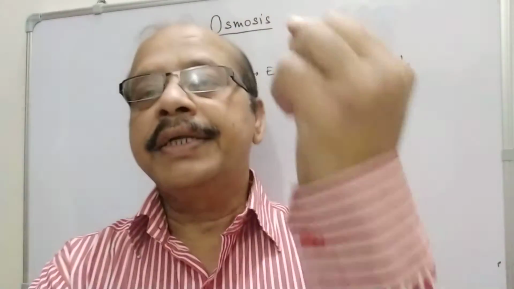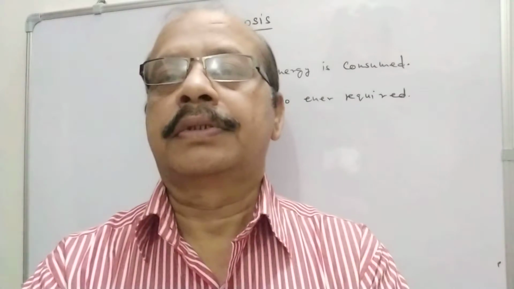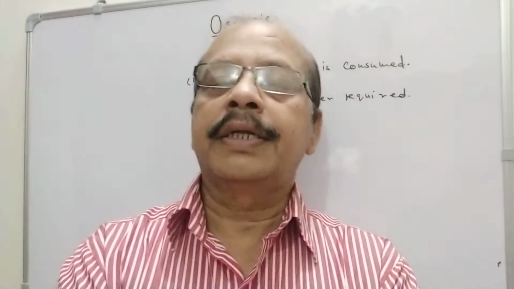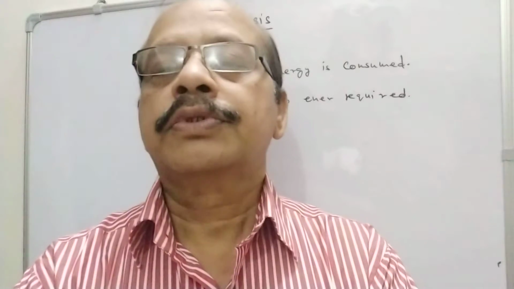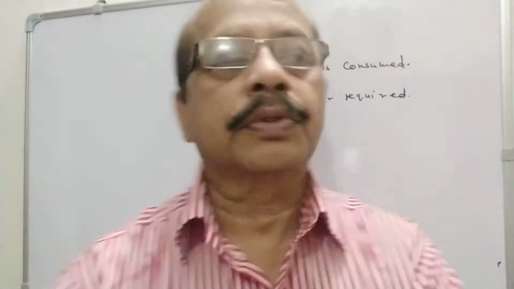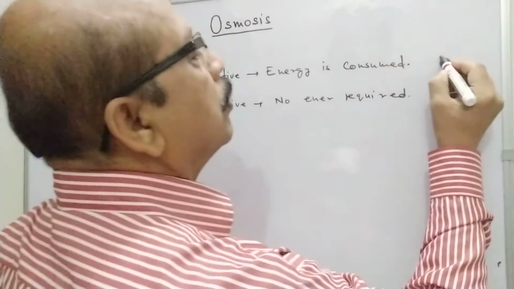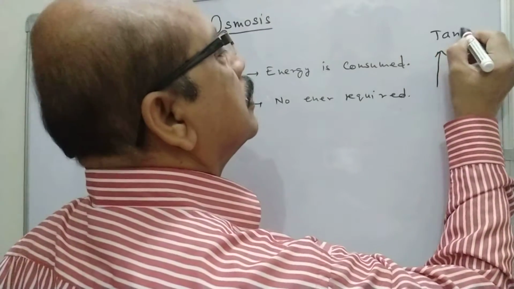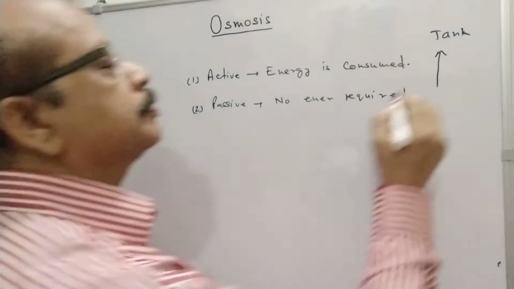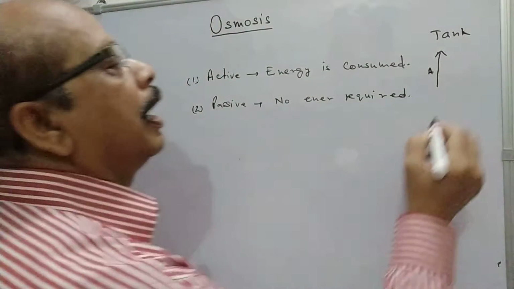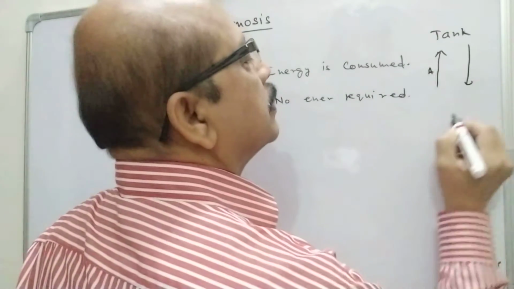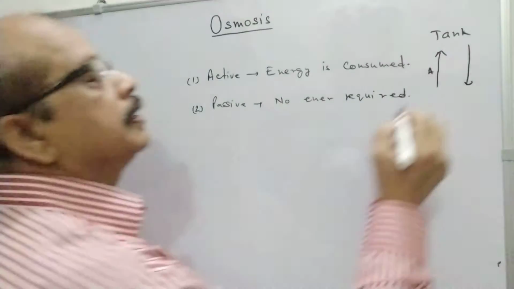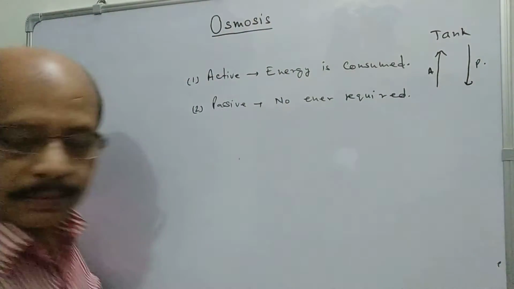Now, while taking the water from the tap, you don't need any energy, so that is passive transport. So filling the water tank is active transport and taking water from the water tank is passive transport.